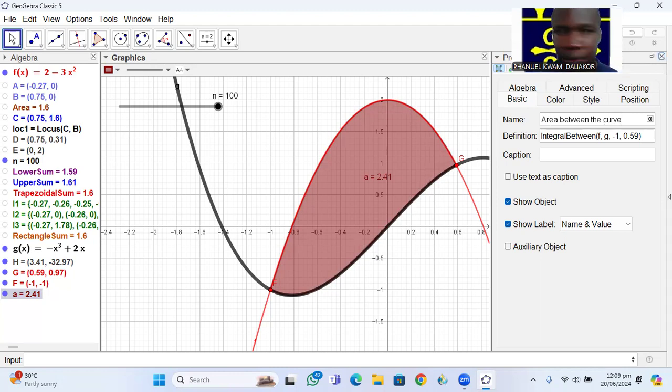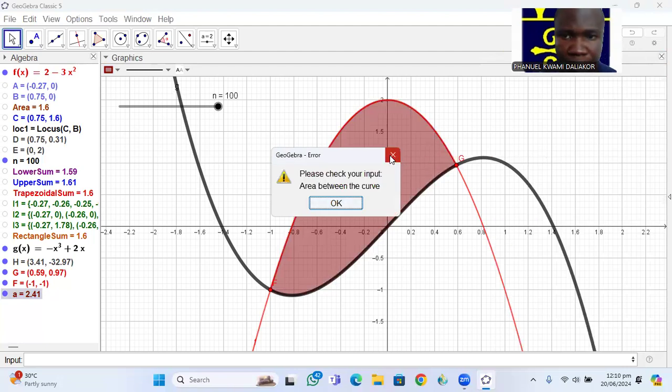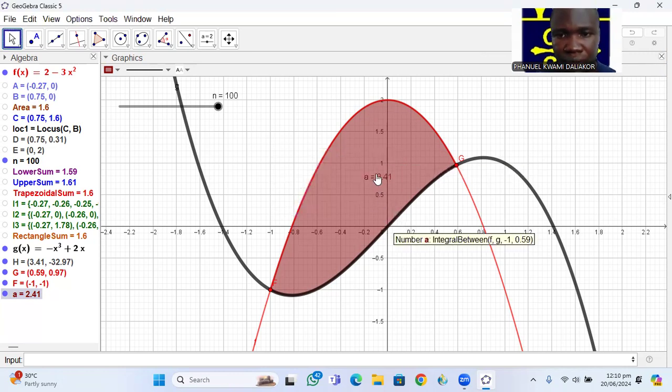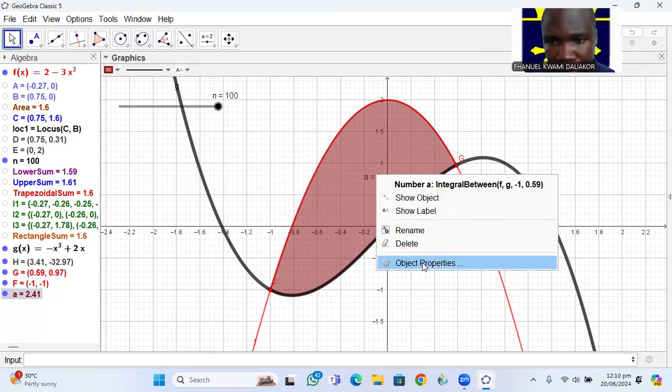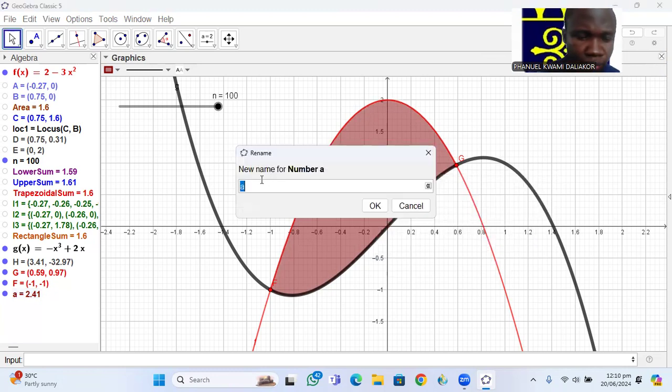Do that. Let's say area between, just like that.